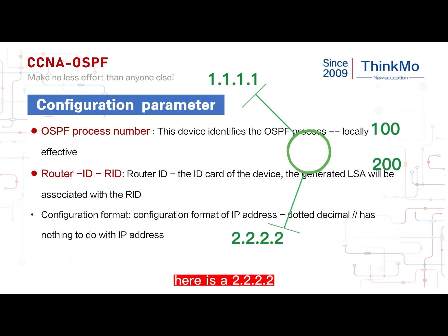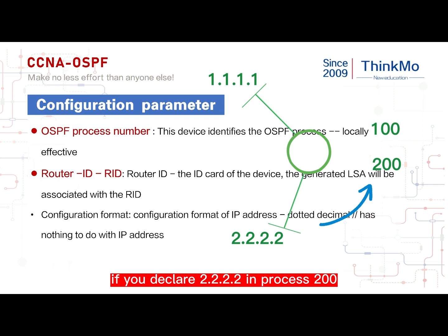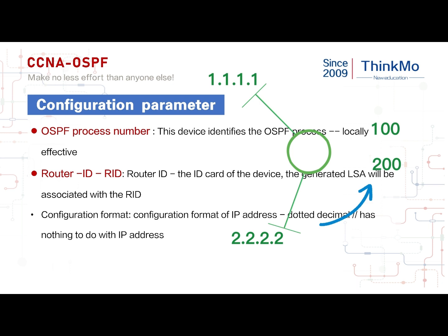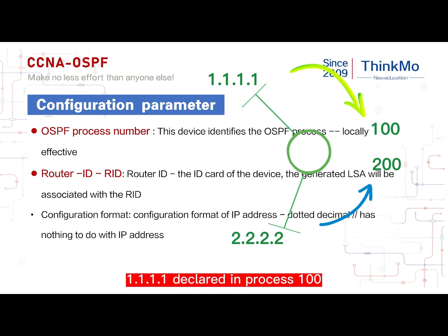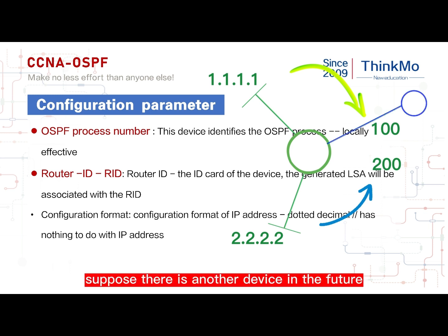Here is a 2.2.2.2. If you declare 2.2.2.2 in process 200, and 1.1.1.1 declared in process 100, they do not affect each other. They are completely separate relationships. Suppose there is another device in the future. It establishes a relationship with this interface.